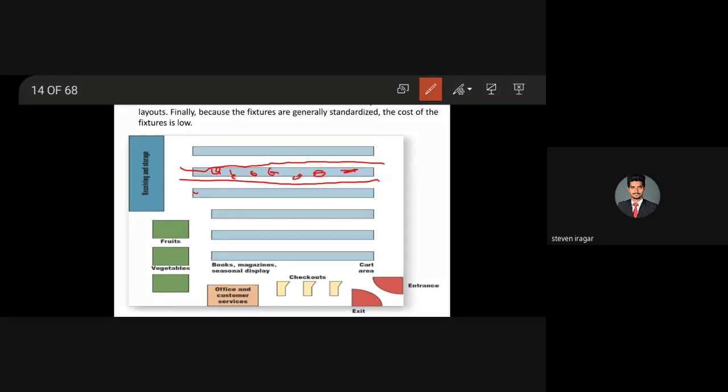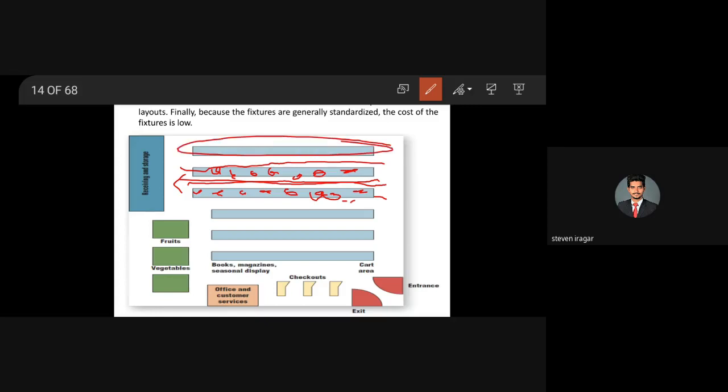These are the racks which will be filled with different types of products, and it's very easy for any customer. Once passing through this particular passage, on the right and left side they can easily find whatever they need. For example, if somebody wants edible oil, this entire rack can have edible oil and maybe something related to the same category. That makes it easy for customers to find and remember what they need to buy from the store.